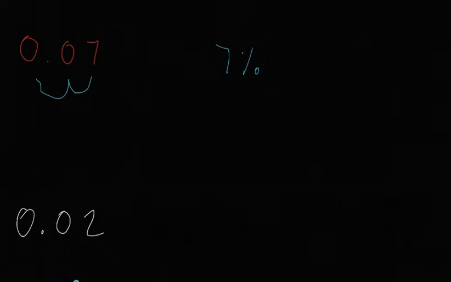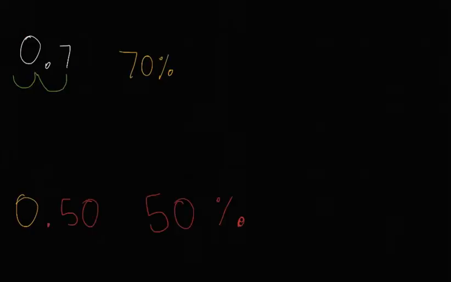Let's look at this one. 0.02, and I'm making this one big. So when we look at this one, we want to focus on 2 things. Remember? Going 2 places and putting the percentage.